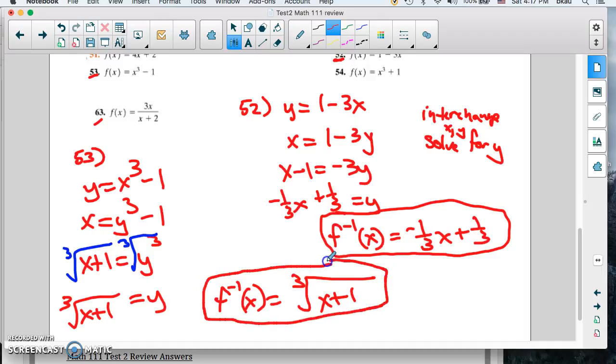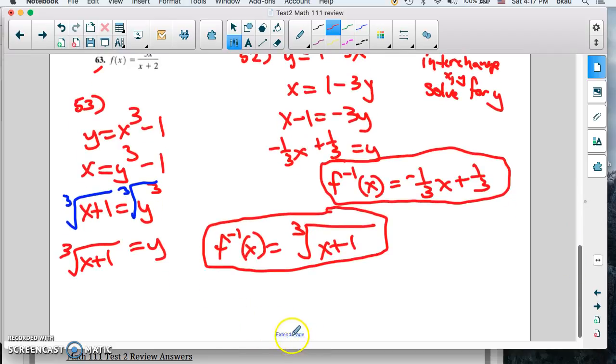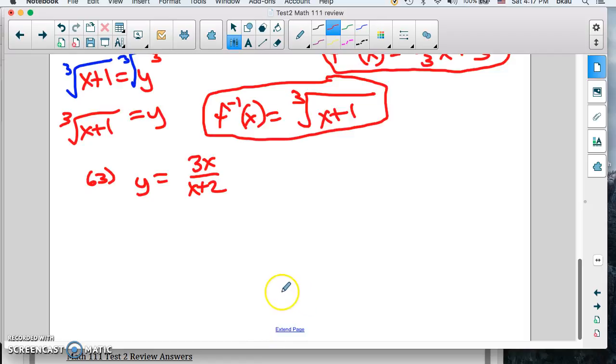Okay, the final one, 63. It's going to be somewhat of a challenge because it's a fraction. So you're going to have y equals 3x over x plus 2. We want to switch x and y, so we get x equals 3y over y plus 2.